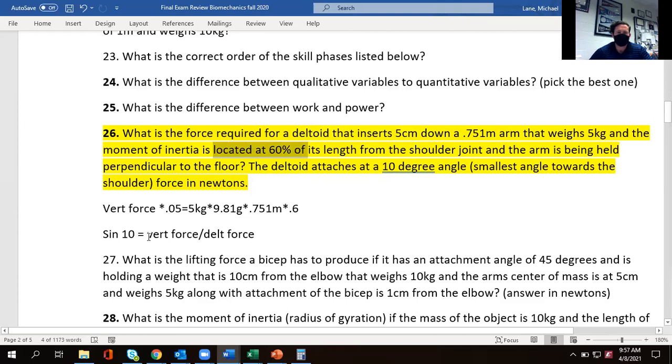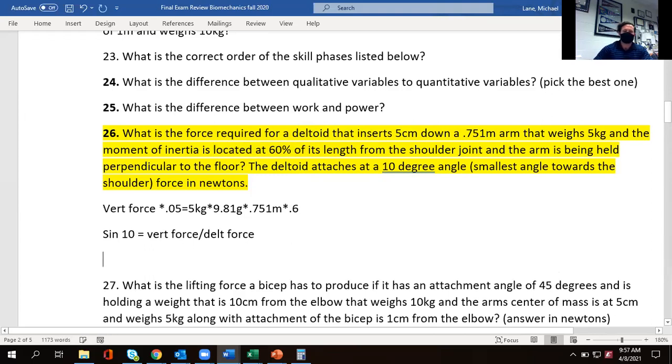So then our vertical force is going to be divided by our delt force, and that is going to be equal to the sine of 10 degrees. So this initial value is going to be equal to 442.0386.